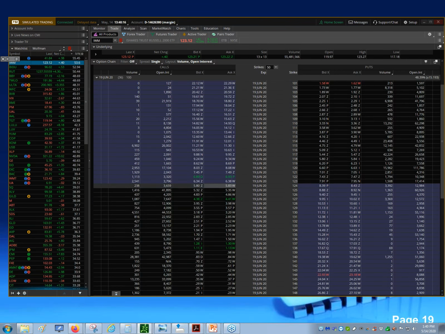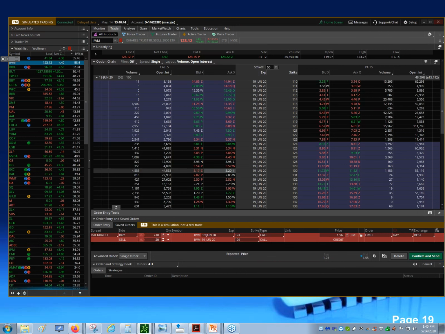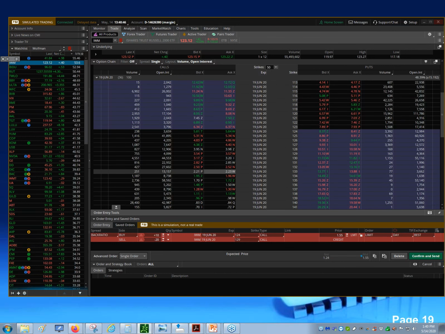Anything above $100, you're kind of looking at a ballpark of $5 higher. So I'm looking at the 124s, and then I'm going to go down to the 29s, sell those twice, right? And then a normal butterfly, I'd go another $5 higher and be the 34s, right? So that's your normal butterfly, and you're doing it for a debit. You have risk to the upside and risk to the downside.